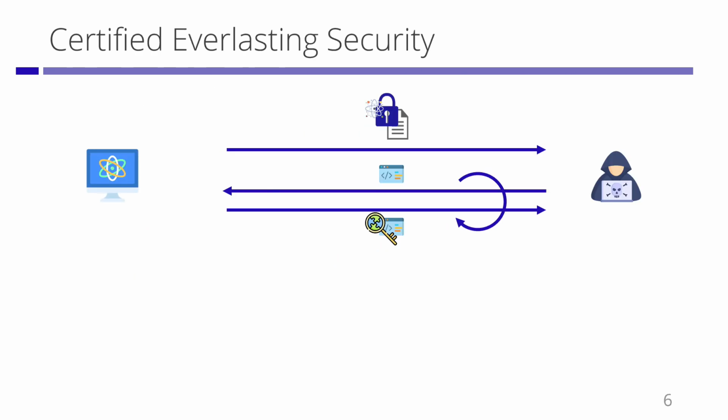Let's see the security notion of this primitive, certified everlasting security. It is very similar to the standard security notion of functional encryption. The adversary is given the target ciphertext, and the adversary can send key queries and receive functional decryption keys.